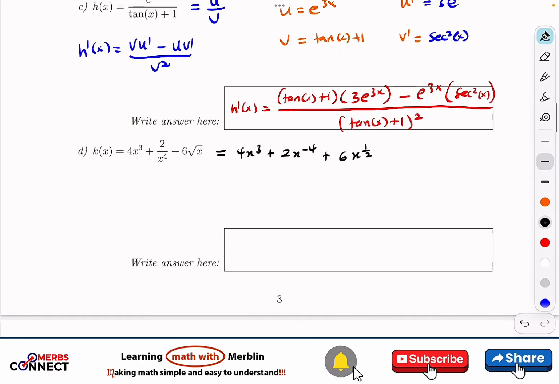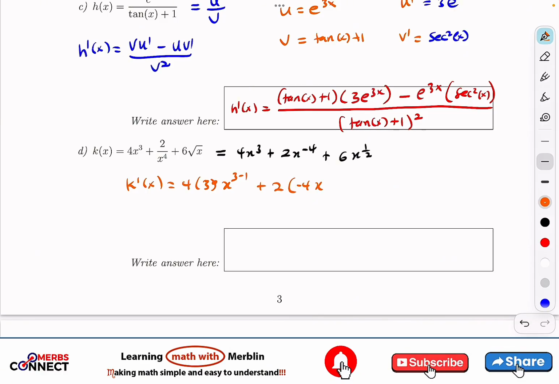So now we can take the derivative of this. So let's do that. I will write the final results here, but let me do it step by step so that you see what is happening here. So this is going to be 4 times 3x to the power 3 minus 1, plus 2 times minus 4 x to the power. So let me just put the parentheses here.